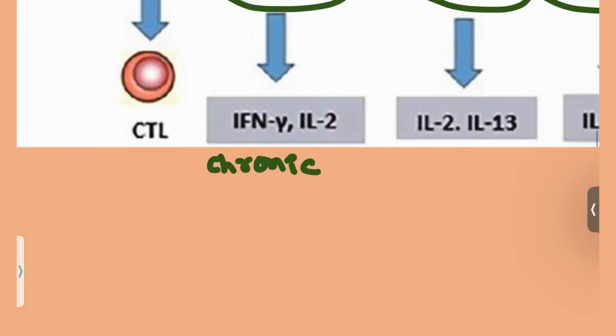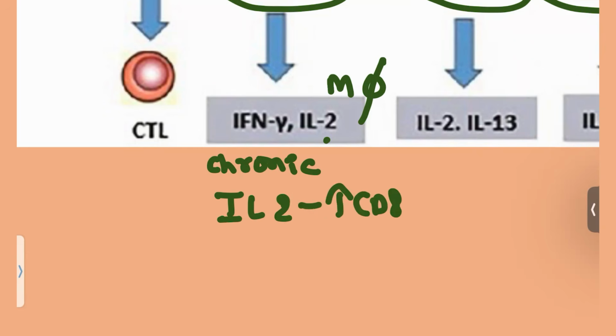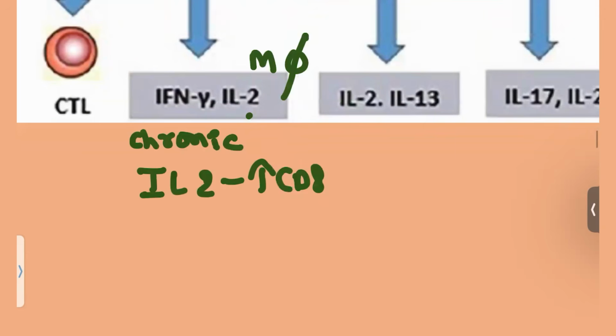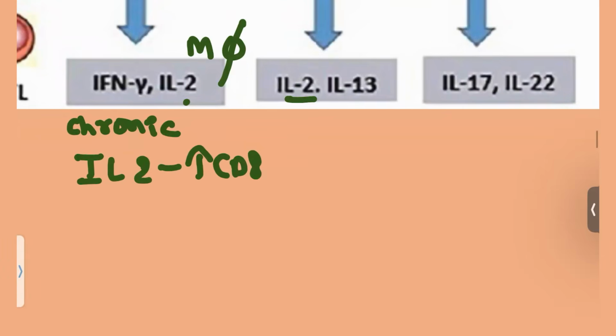Here you can see interferon gamma and IL-2. Both of these are going to increase the macrophages, and IL-2 indirectly increases CD8, more and more CD8 cells, which will be helpful in the killing.